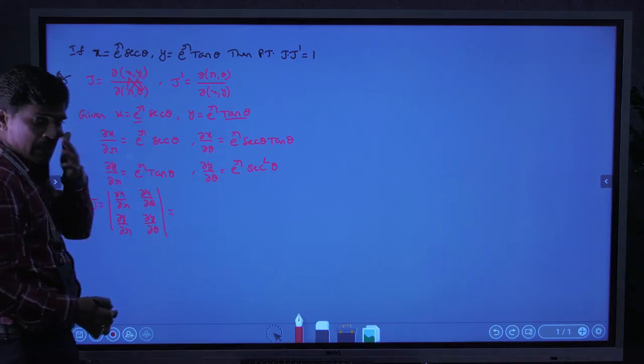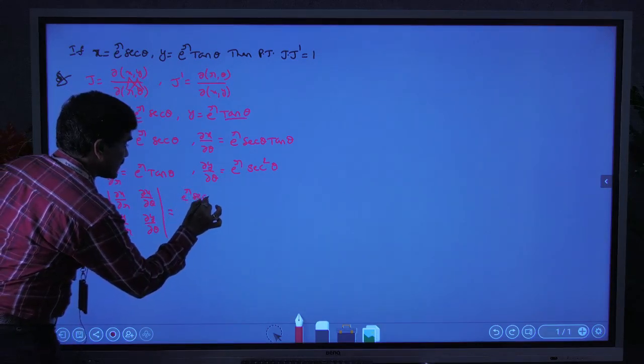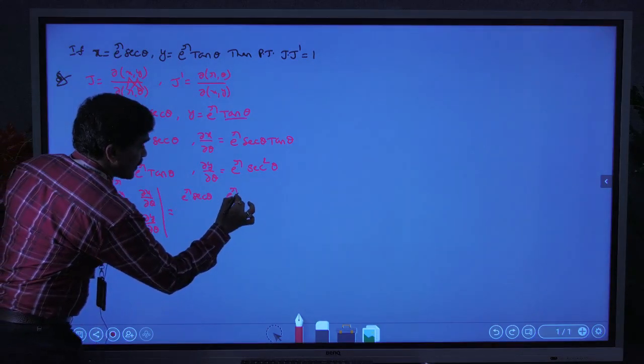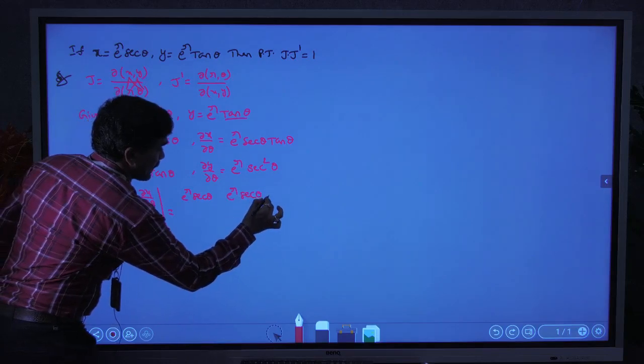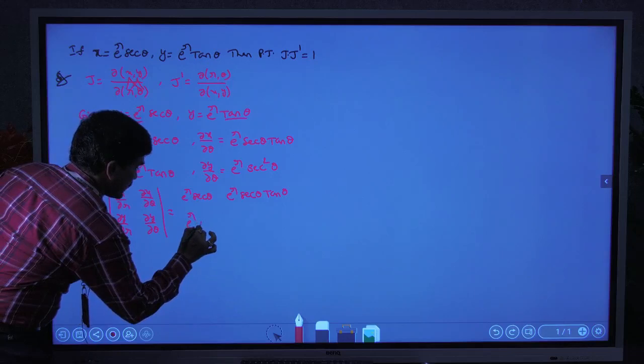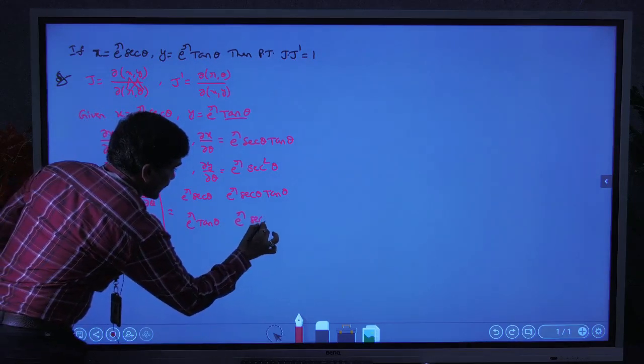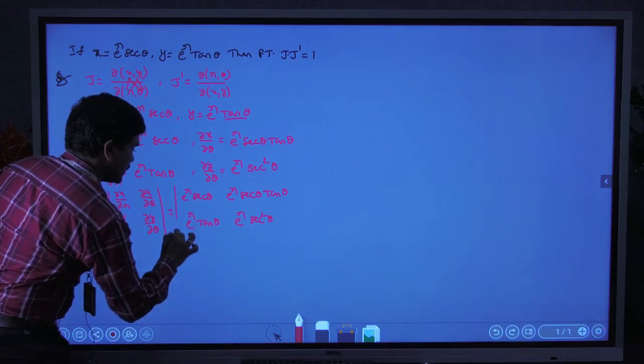Now substitute these values. Here e^r sec θ, e^r sec θ tan θ. Here e^r tan θ, e^r sec² θ, right?